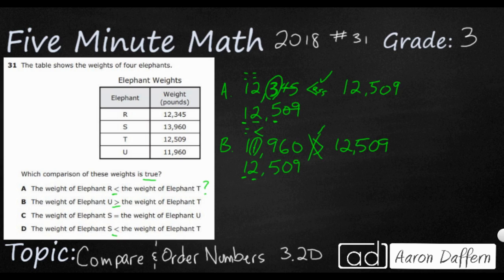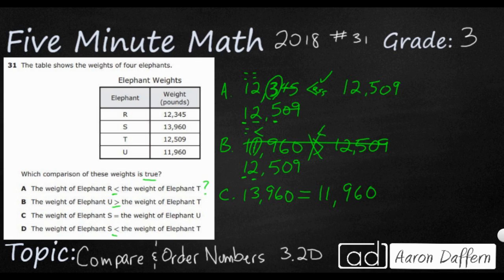B's wrong. C is fairly simple. We've got the weight of elephant S, so we've got 13,960. And they use equal the weight of elephant U. The only way it'd be equal is if literally every single digit is exactly the same. They're close.